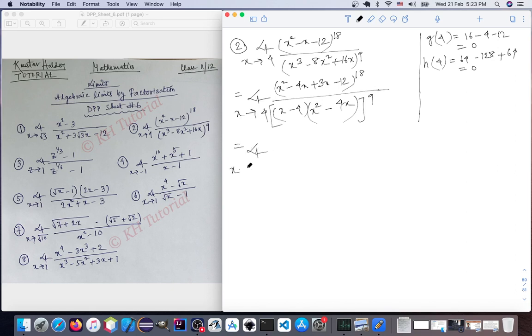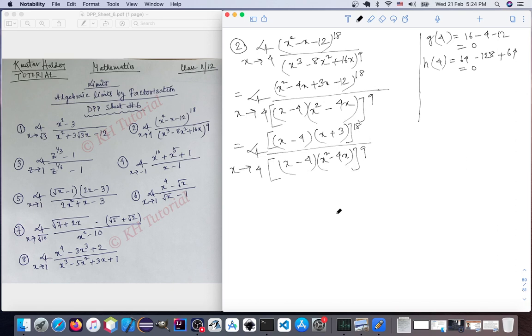This becomes (x minus 4)(x plus 3) whole to the power 18 divided by (x minus 4)(x square minus 4x) whole to the power 9.